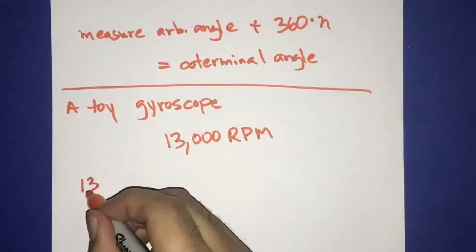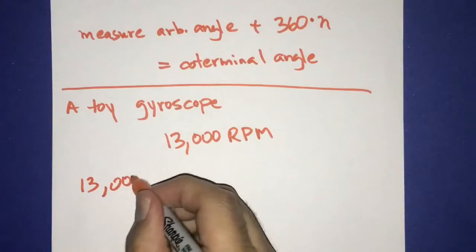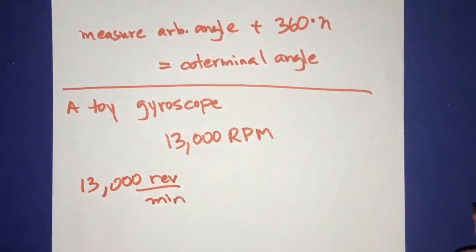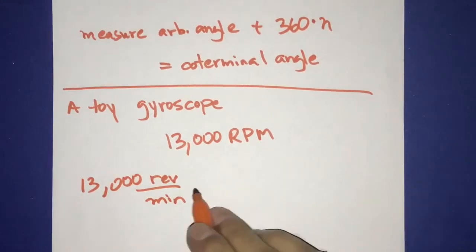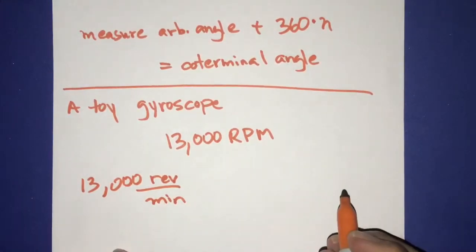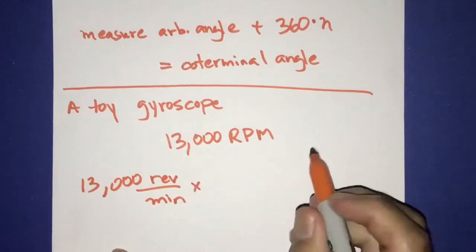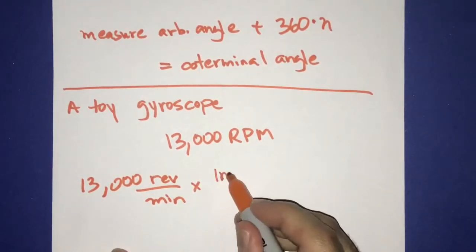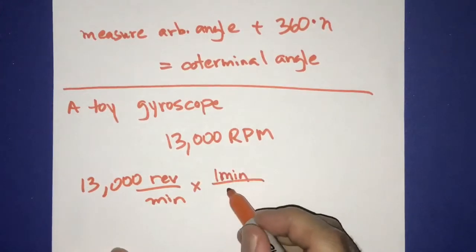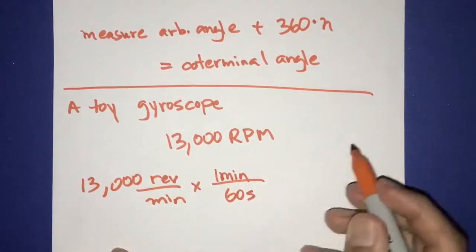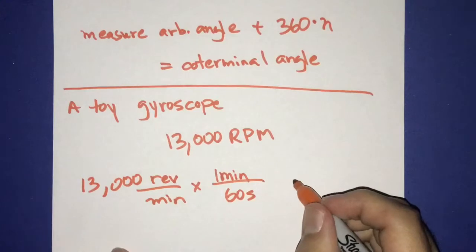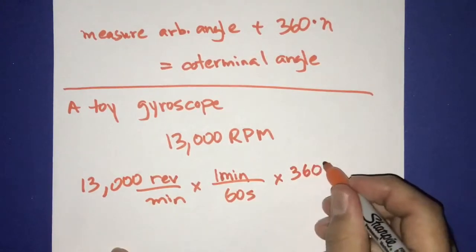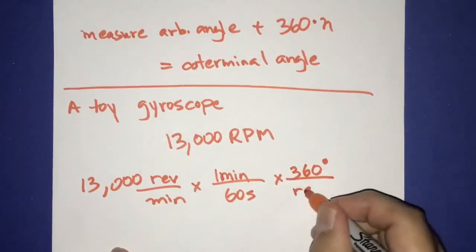So we have 13,000 revolutions per minute. And let's go ahead and convert this to degrees and seconds. And we're going to use the conversion that 1 minute is 60 seconds, and 360 degrees equals 1 revolution.